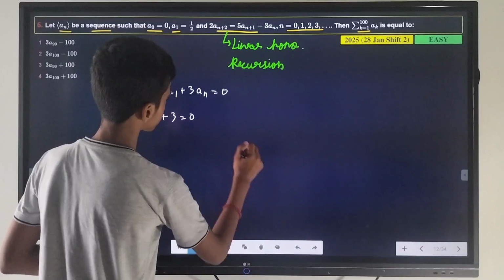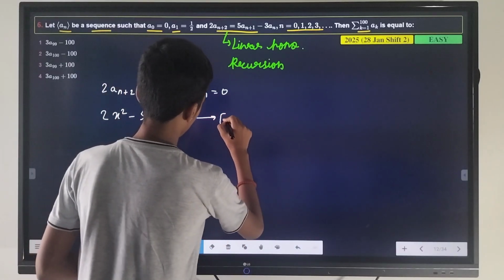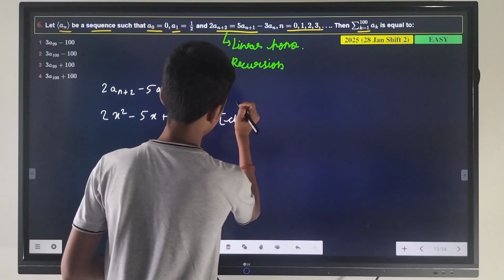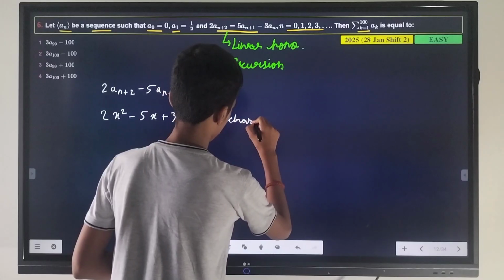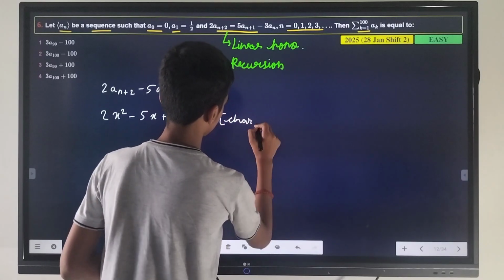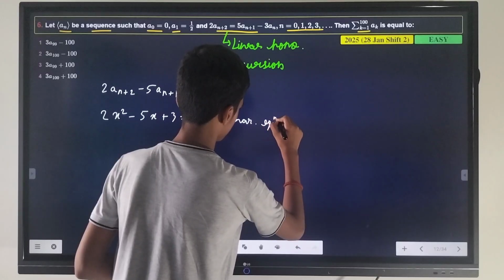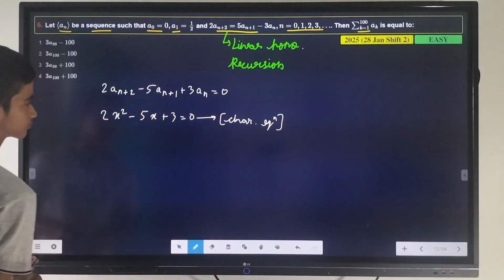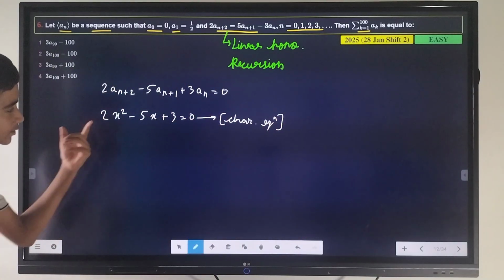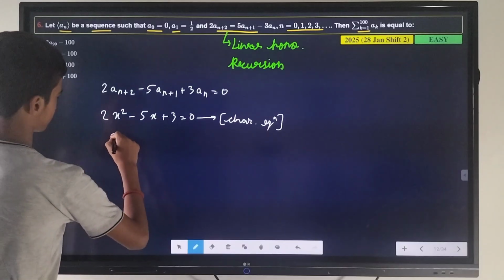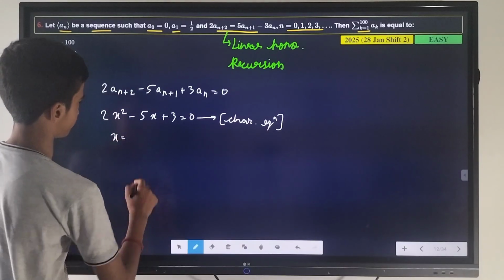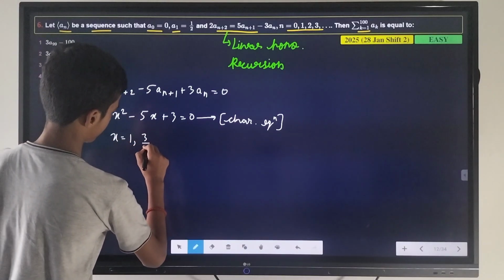This is our characteristic equation. Now let's solve this equation. This is a simple equation. Roots will be 1 comma 3 by 2.